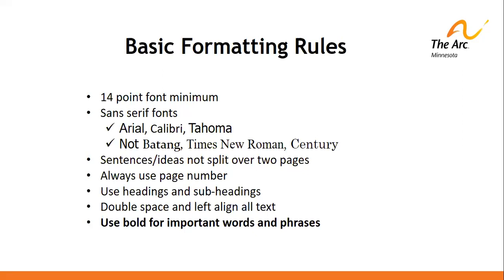Headings and subheadings help break up the information. Double space and give wide margins. Justify left helps, along with breaking up large paragraphs. Use bold and not italic or underline because they can be harder to read. Bold is easy to read. It helps people to find the important words or sections.